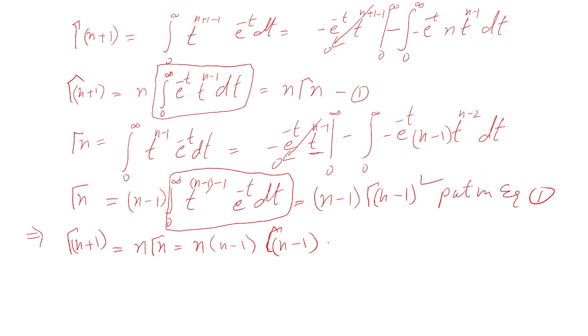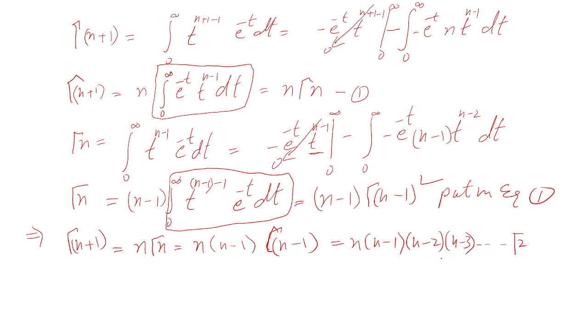Proceeding in this way, we can write this equal to n into n minus 1, n minus 2, n minus 3, up to, let's say, I reach gamma 2.